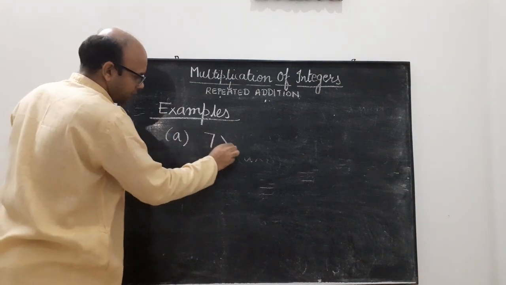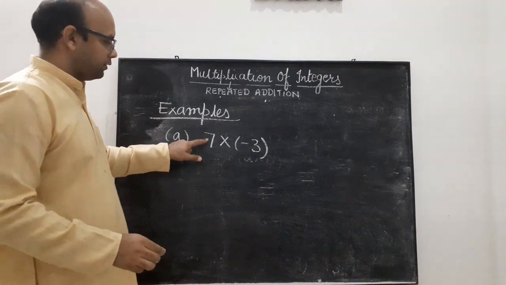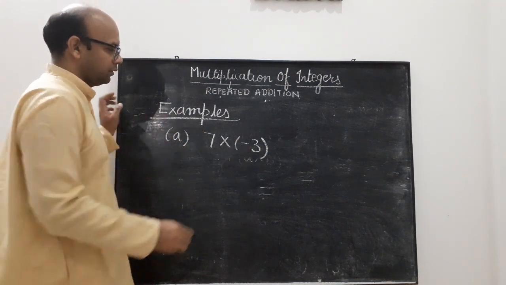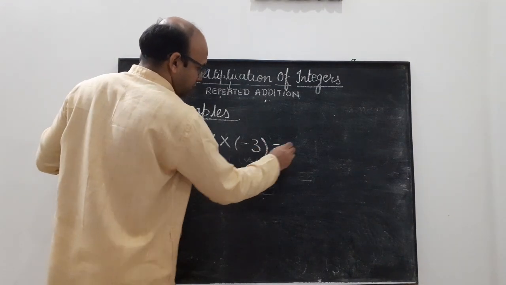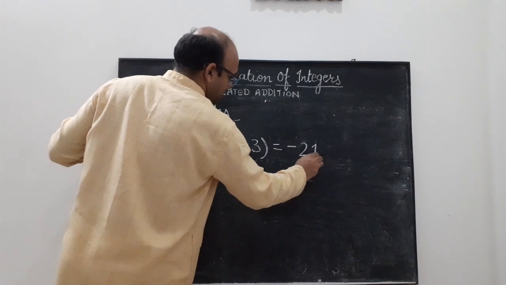If you are saying 7 cross minus 3, what we are doing over here is we are multiplying a positive integer with a negative integer. The product is negative. 7 cross 3 is 21.